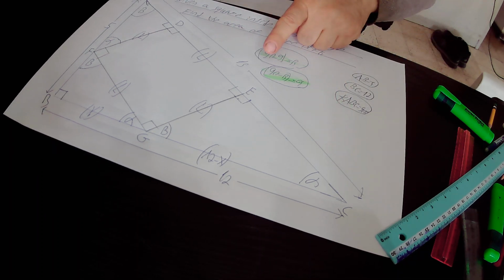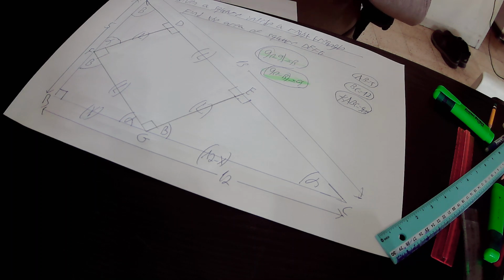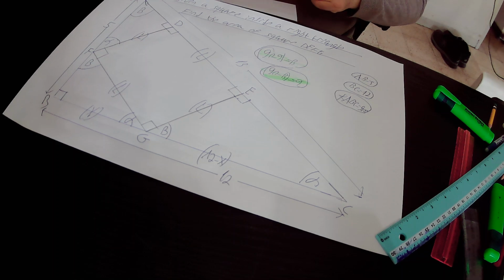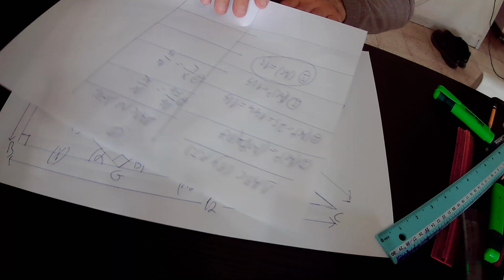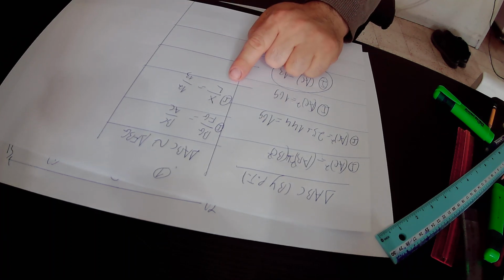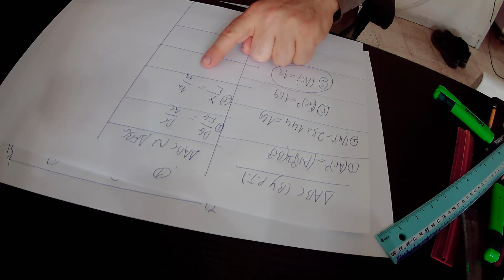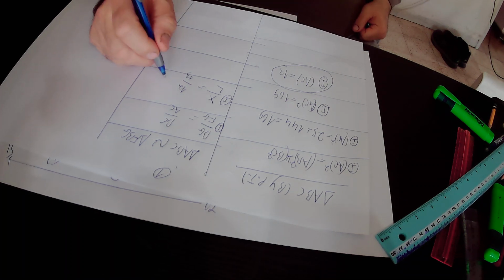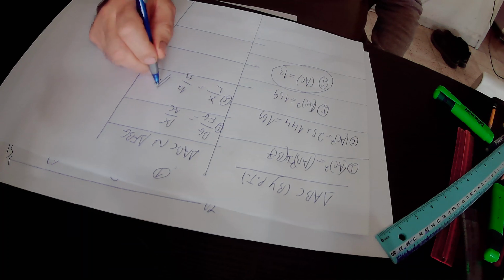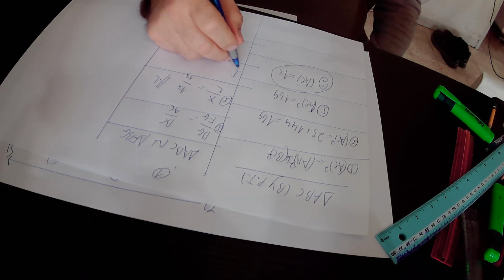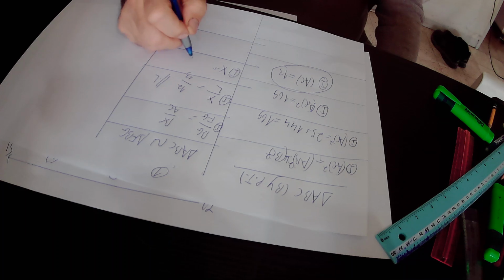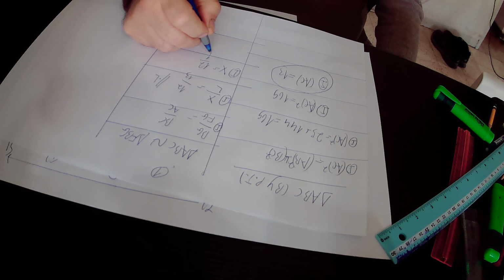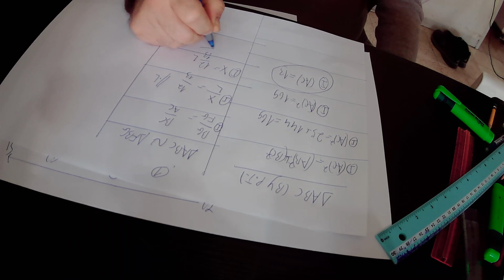AC equals 13, according to what we have already found out using the Pythagorean theorem. So in conclusion, according to equation 1, x over L equals 12 over 13. Here we multiply equation 1 by L, and we get that x equals 12 over 13 times L.